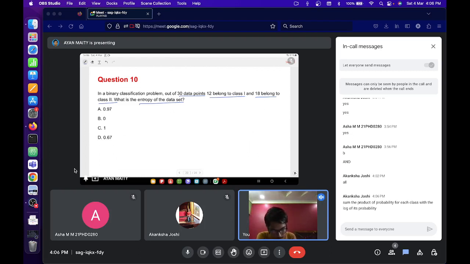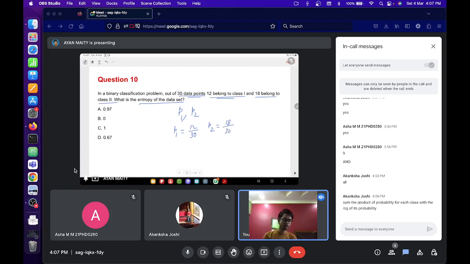So you have to find out for the two classes. Let's say P1 and P2 are the probability values for the two classes. So what will be P1 in this case? There are 30 data points and 12 belong to class 1, so P1 is 12 by 30. Similarly P2: 18 belong to class 2, so 18 by 30.